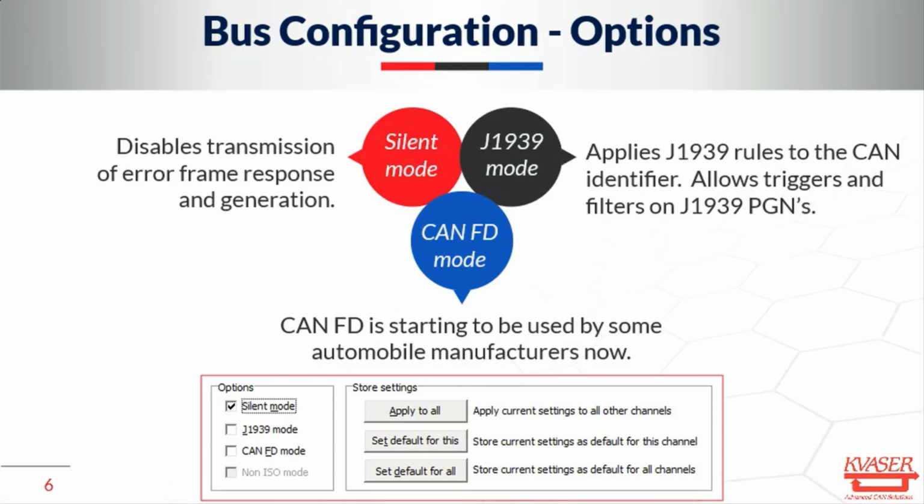In J1939, you're almost always talking about a 29-bit CAN ID, and it's broken down into priority, PGN, and source address. By selecting J1939 mode, it gives you additional screens later in Memorator configuration tools that you can actually set triggers and filters on PGN or source address.